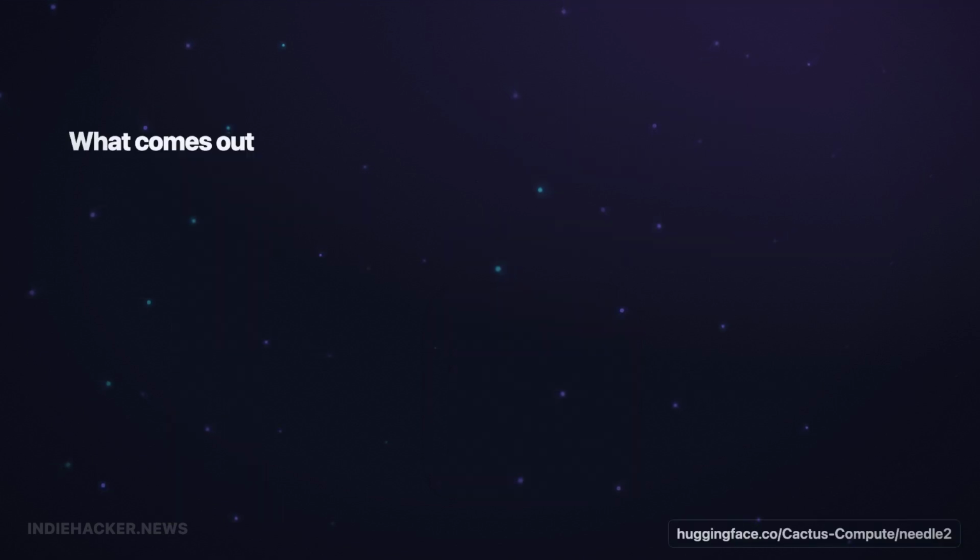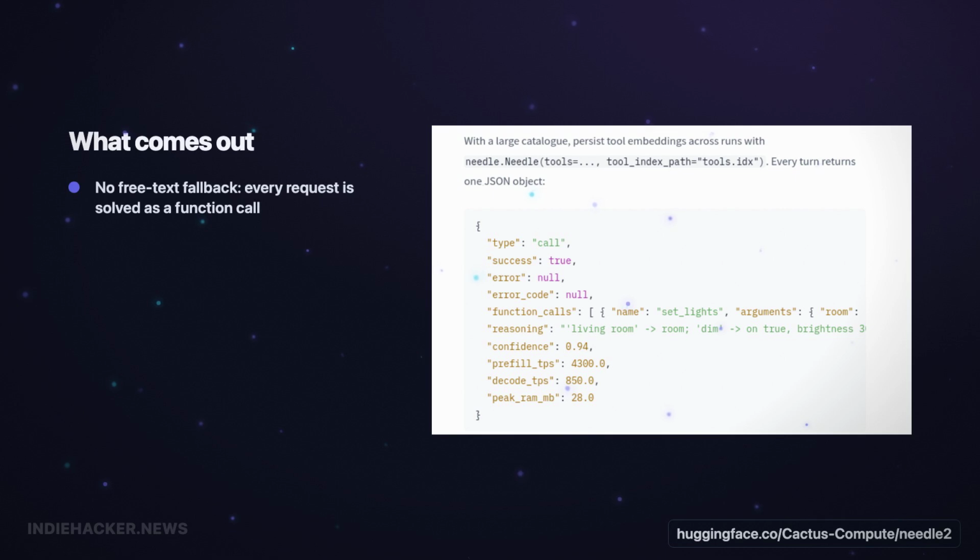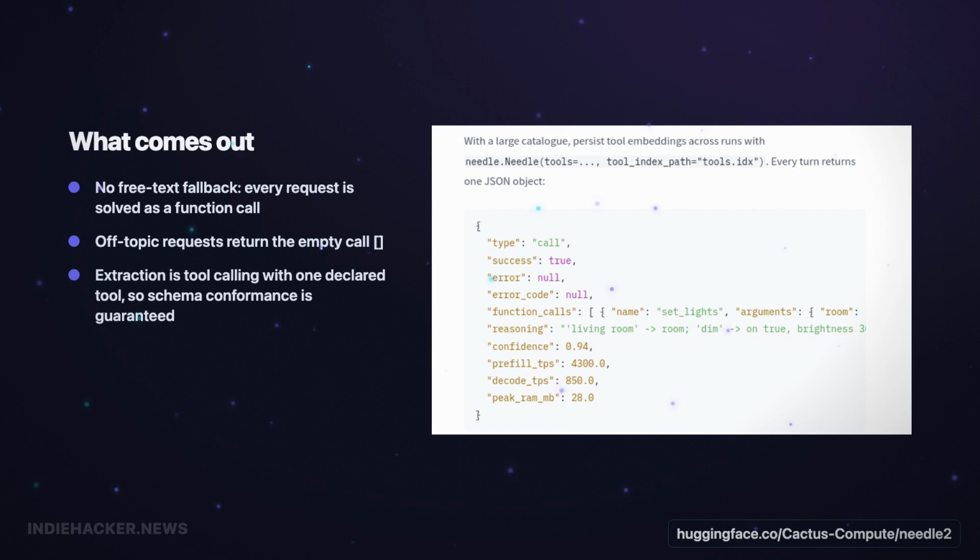Start with what comes out of it, because that is the strange part. Needle has no free text path at all. Every request gets answered as a function call, and when it cannot serve you, what comes back is the empty call, an open bracket and a close bracket, nothing else. Structured extraction runs through the same door. You declare one tool, the model fills that schema, and conformance is guaranteed instead of requested.